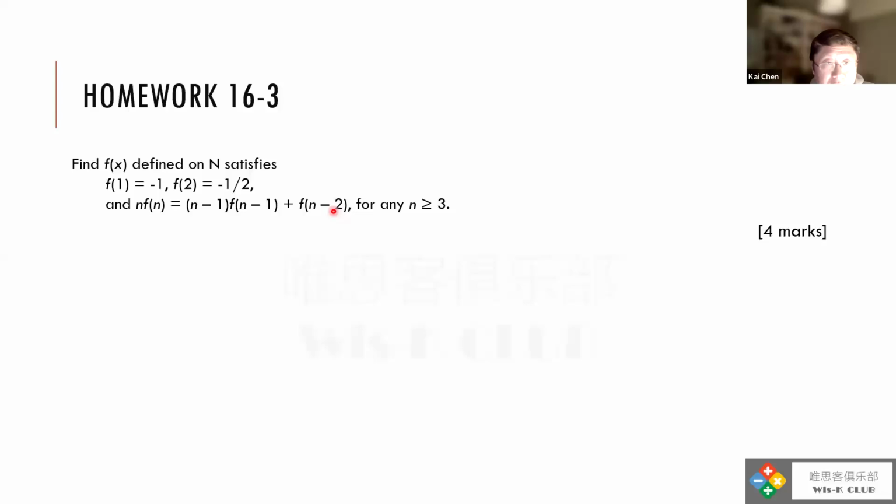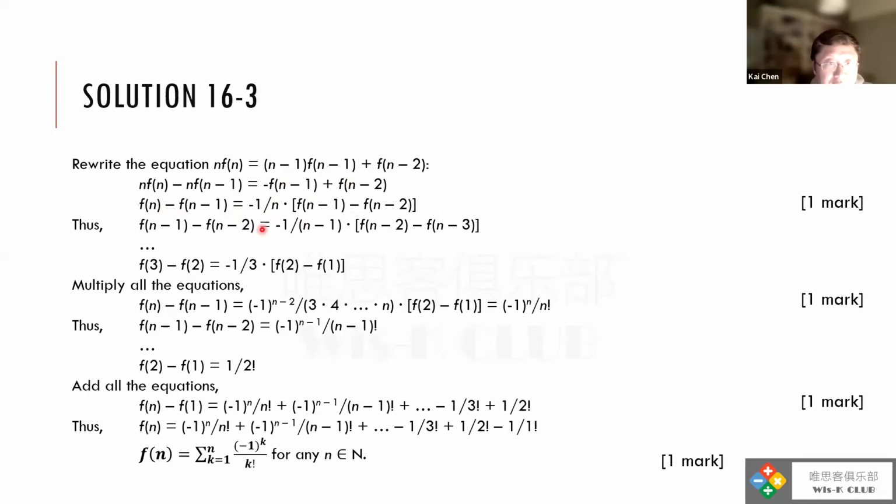Then the third one is also straightforward. I think everyone found already the recursion relating f(n), f(n minus 1), and f(n minus 2), because if I move the n times f(n minus 1) here, then we have a good recursive function.